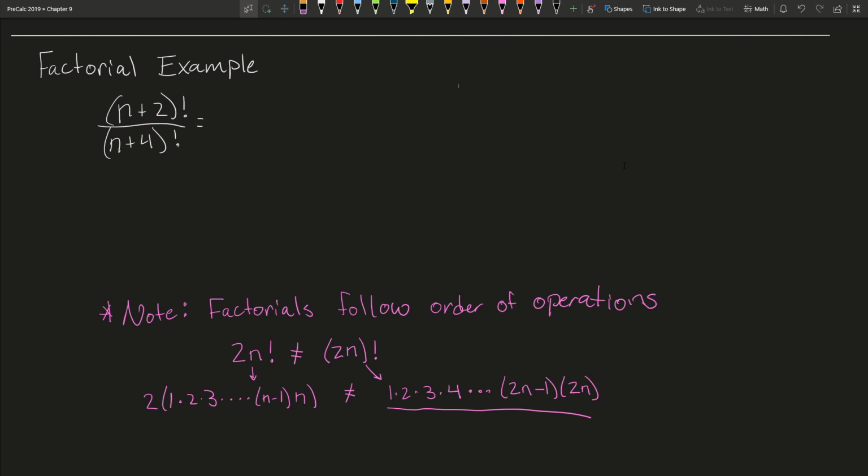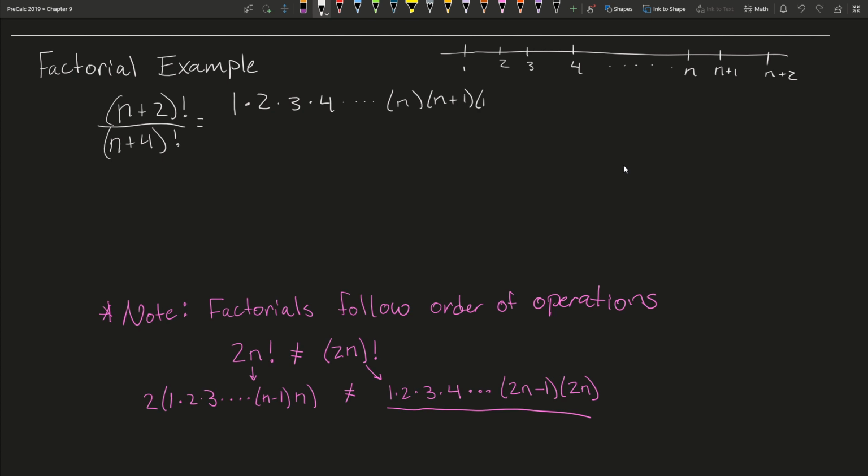By definition, n plus 2 factorial is every number up until n plus 2, right? So think of a number line. And it's all of those numbers multiplied together. And the same thing for n plus 4.